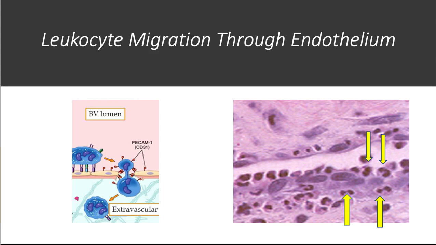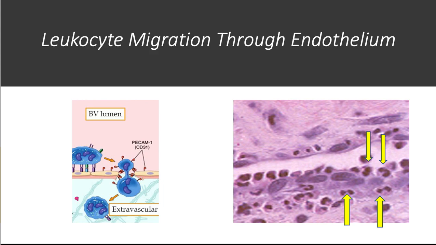This extravasation of leukocytes, called transmigration, occurs mainly in postcapillary venules, the site at which there is maximal retraction of endothelial cells.